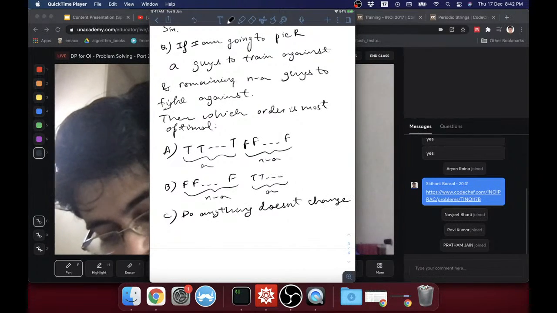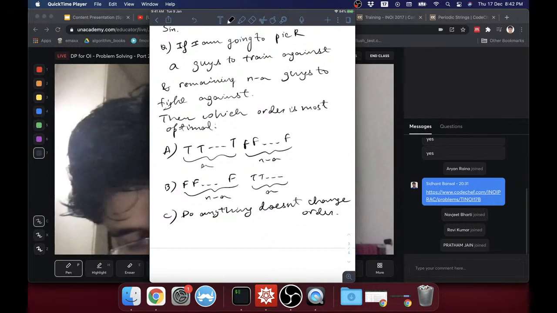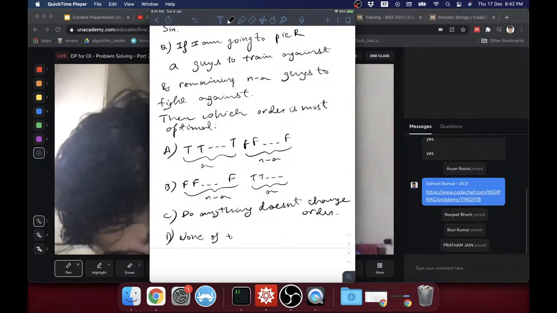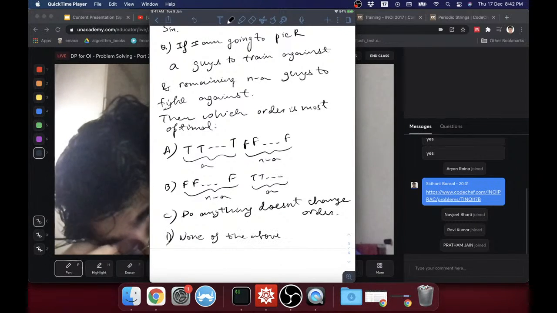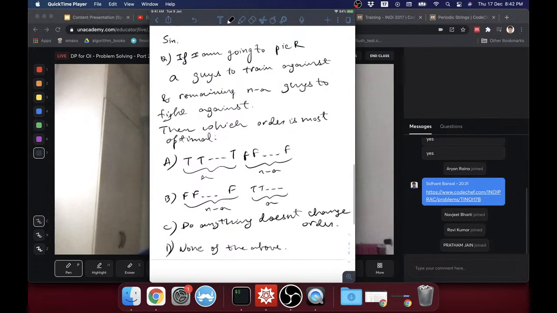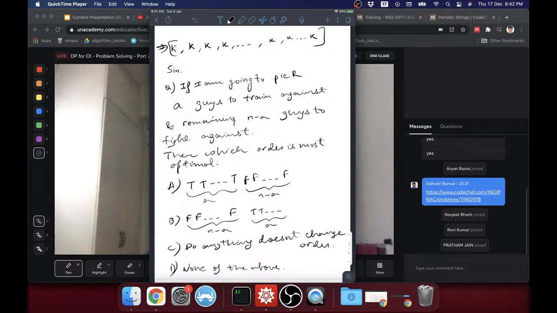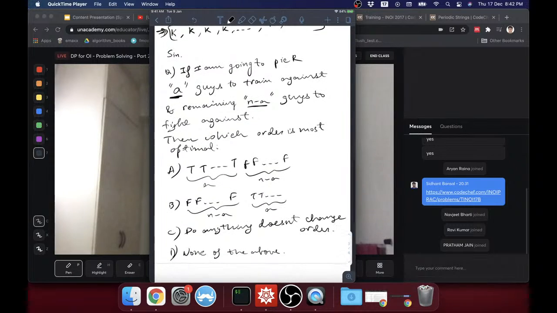Basically do in any order, it won't affect. D, none of the above. That's the 4 options. Think that if all of them are same, and I have already decided that I'm going to train against A number of guys, and for the remaining people I'm going to fight against them, what's the optimal order of doing this?